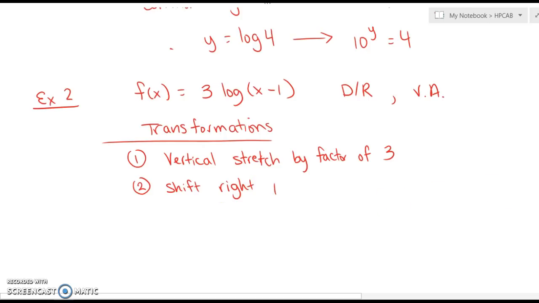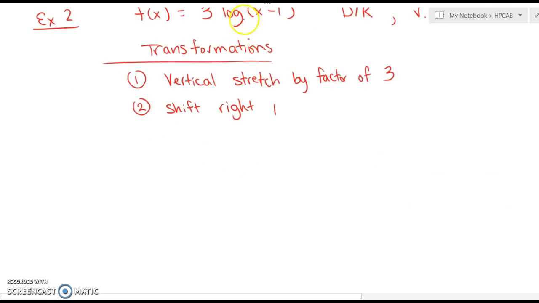Okay, now again, this has a base of 10, so this is going to be your typical log function where a is greater than 1. All right, and we'll graph that in just a second. Let's look at the table of values for these things.